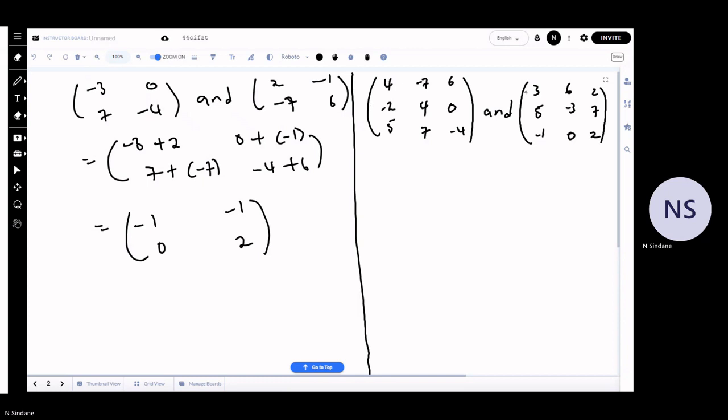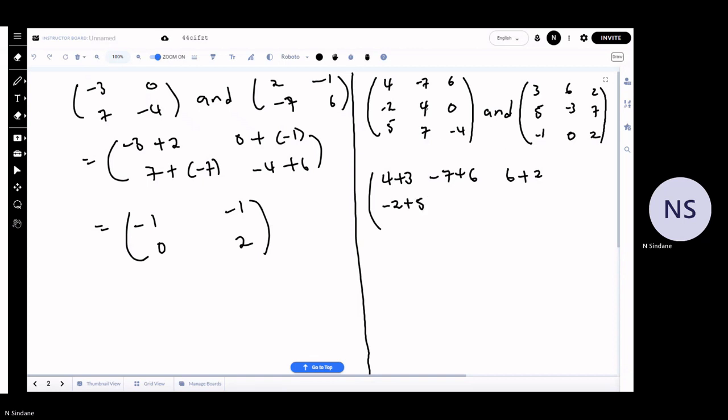So row 1, column 1, my solution will be 4 plus 3, right? Row 1, column 2, I have -7 plus 6. Row 1, column 3, I have 6 plus 2. Then row 2, column 1, I have -2 plus 5.